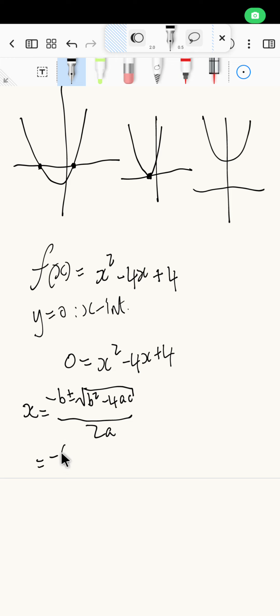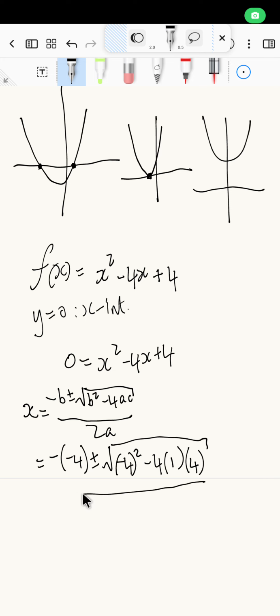Minus b, so it's -(-4) ± the square root of (-4) squared, remember to put this in brackets when you use this formula, minus 4, a is 1, and c is positive 4. All of this is divided by 2a, and a is still just 1.